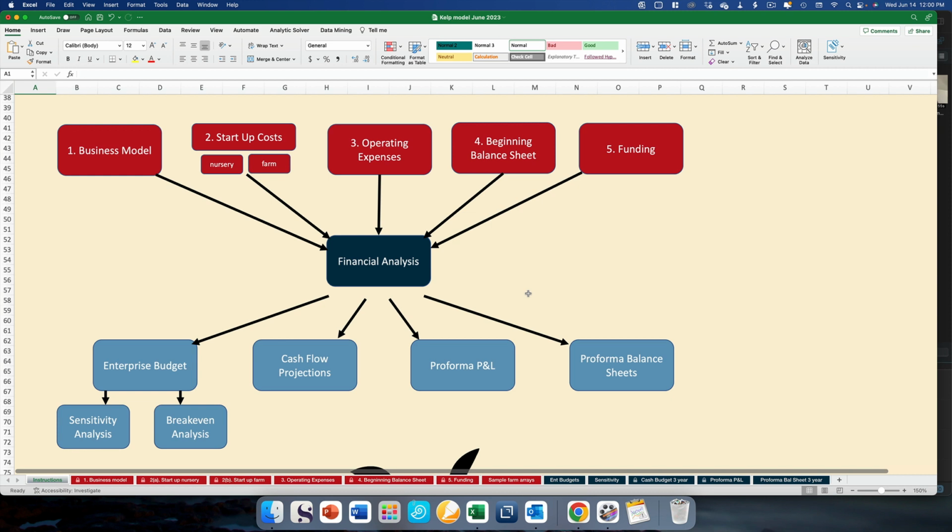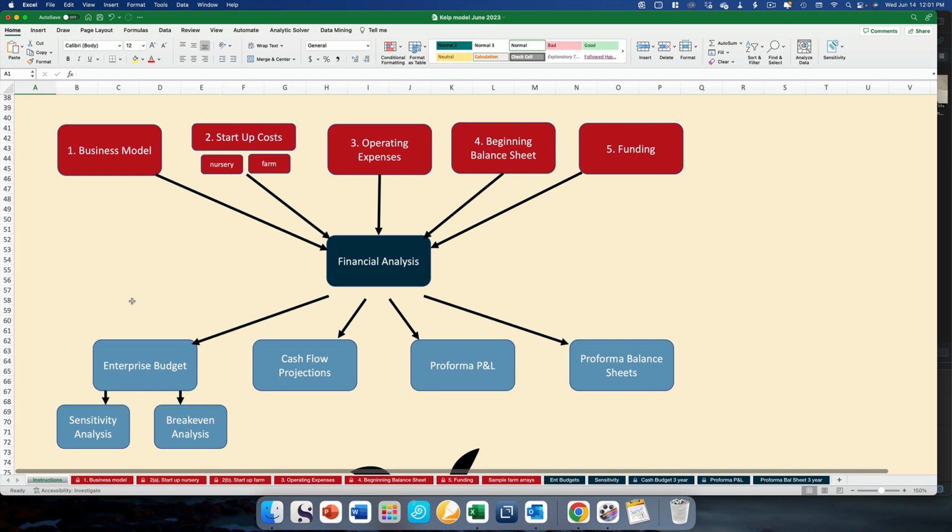Now we're going to get into some analysis, right? So what we talked about before was really reporting on the results of the inputs. Over here in the enterprise budget and corresponding analyses pages is really when we start getting into the sort of implications of decisions that you might make, right?